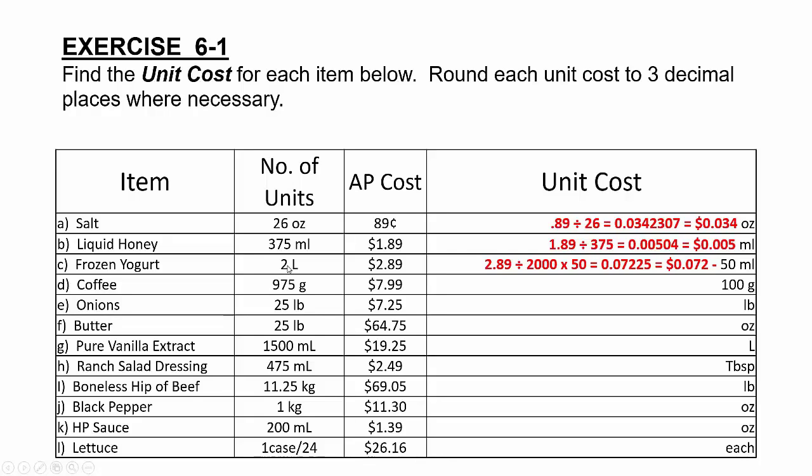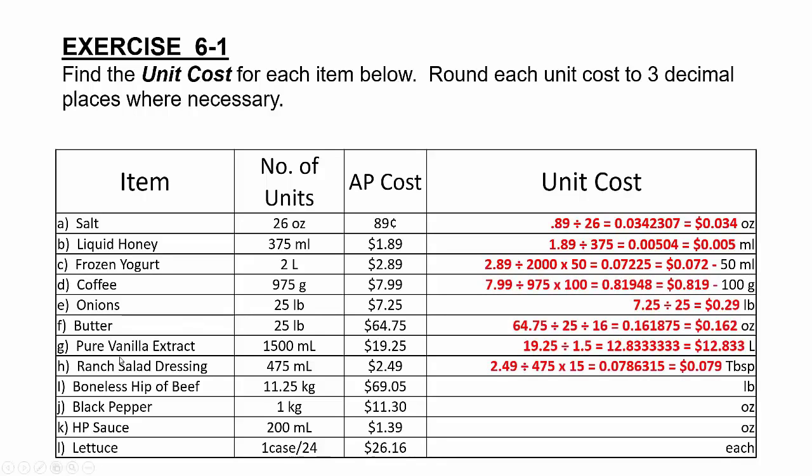So remembering your relationship numbers is a very handy thing to have here. 1,000 milliliters per liter. We have 2 liters, therefore we have 2,000. $2.89 divided by 2,000 will give us the cost of 1 milliliter. We'll multiply the cost of 1 milliliter by 50, the amount that we're looking for here. There's the unrounded answer, and it rounds off to $0.072 for 50 milliliters of frozen yogurt.